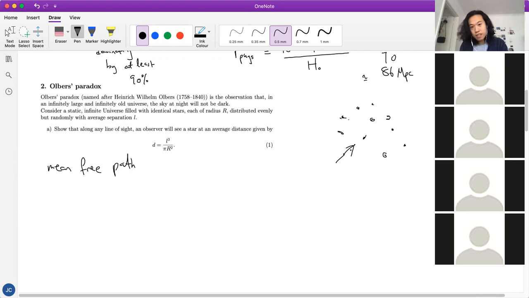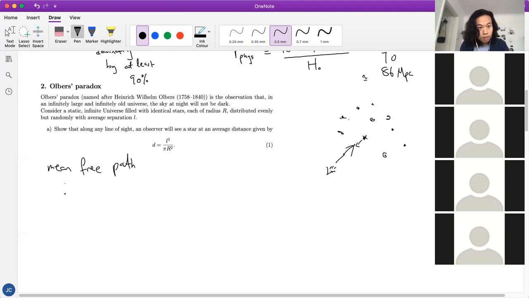What's the average distance this particle can go before hitting one of the other particles? Similarly, if these are all stars and I'm an observer standing here and I fire a test photon out, what's the average distance this photon can travel before it hits a star, reflects back and tells me I've seen a star? So this is exactly the same setup as other mean-free path questions.